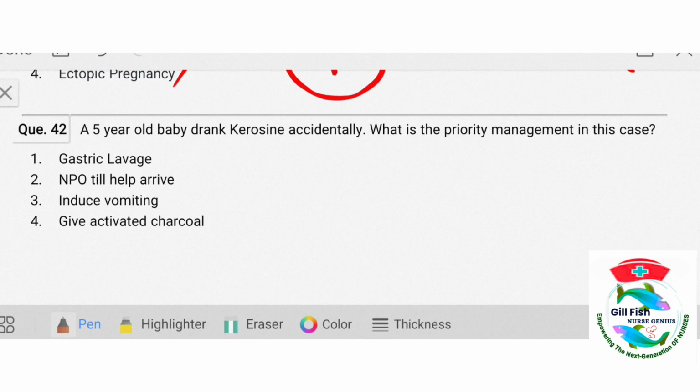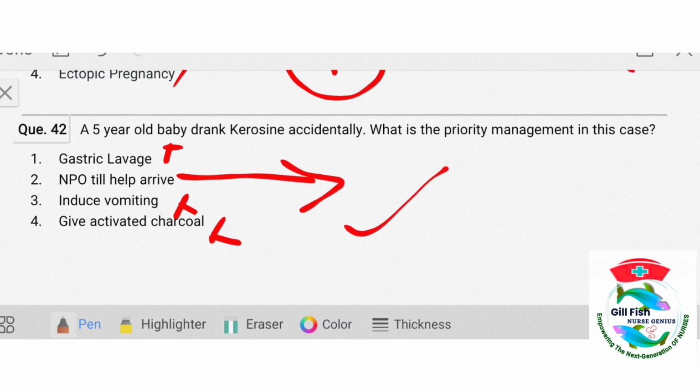For accidentally ingested kerosene, what is the first priority? Should I induce vomiting? No, we should not induce vomiting, activated charcoal or gastric lavage. Nil per oral we have to do for some time. Then only we have to decide what to do for the baby, because it's a 5-year-old child. Okay, fine. Next, move on to another question.